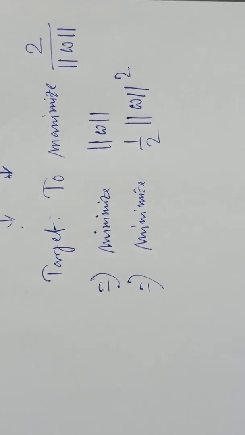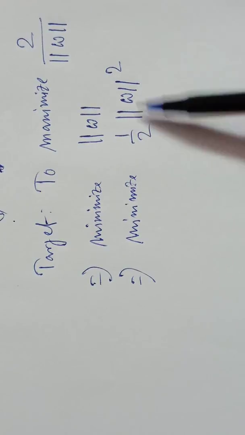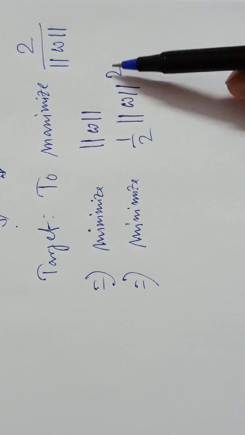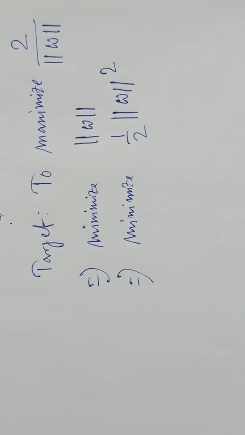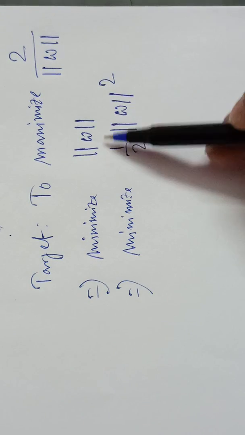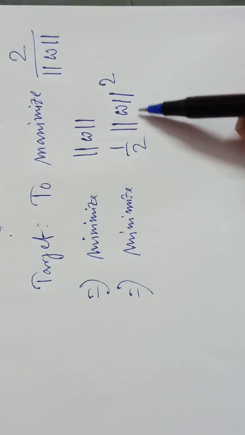So this is another reason, and the half is added because later, whenever we go for finding the differentiation, it will be cancelled, nothing else. So for mathematical convention, instead of finding the minimum value of the norm of w, we are finding half of the norm of w square.